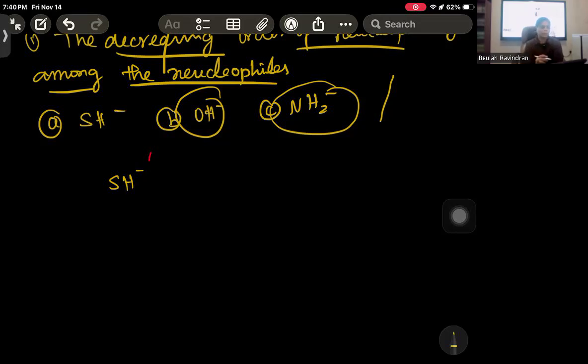SH minus is a better nucleophile, with greater nucleophilicity, when compared to NH2 minus. When compared to NH2 minus, OH minus has less nucleophilicity. This is a very important point you can come across, and apart from your book questions, this might be asked.